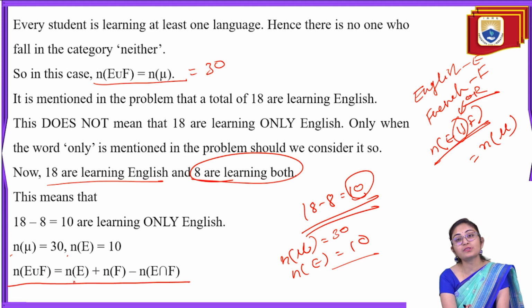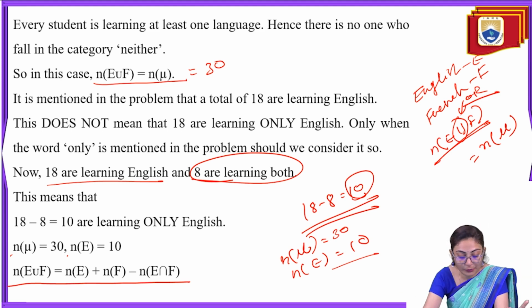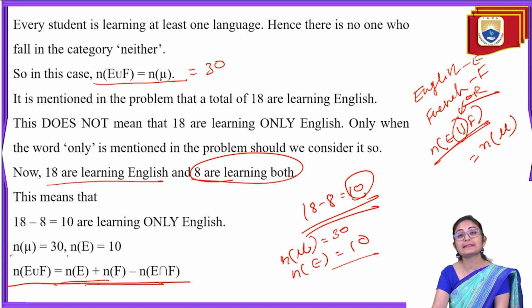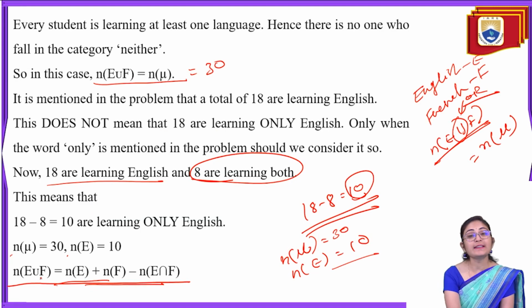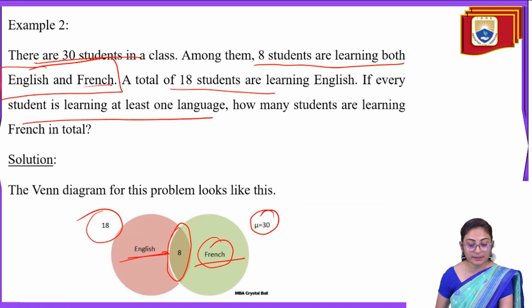Again you know the formula. If you have two sets, which formula do you have to use? You know: n of E union F is equal to n of E plus n of F minus n of E intersection F. E union F, this value you have, that is 30.